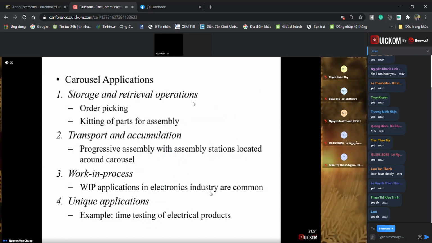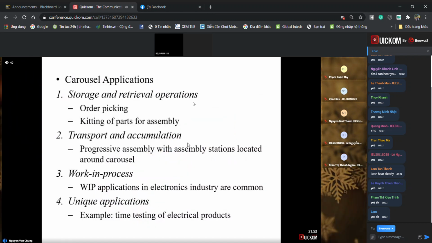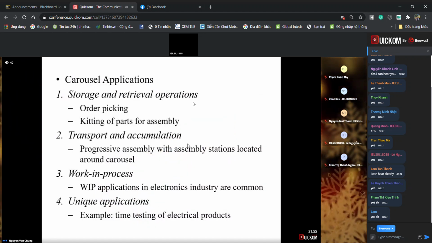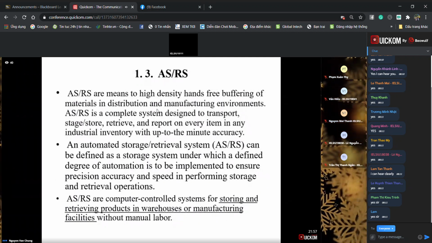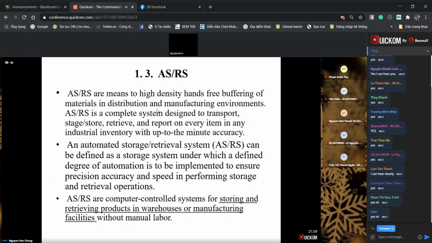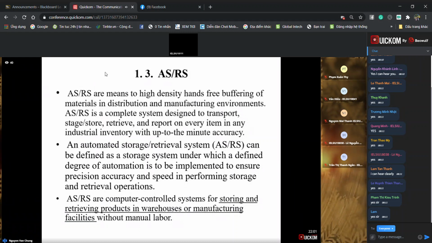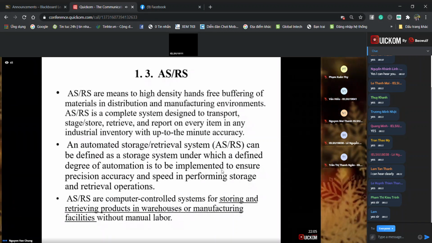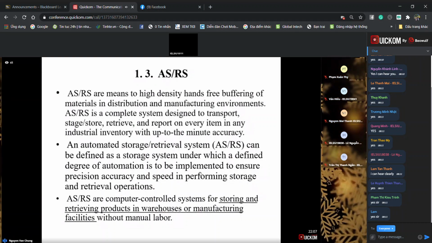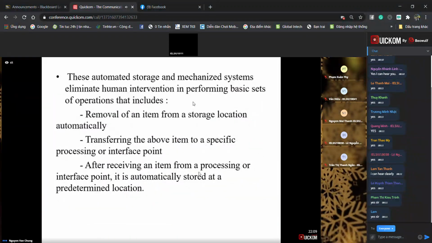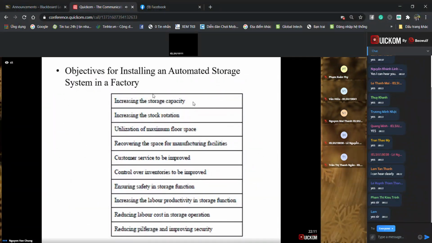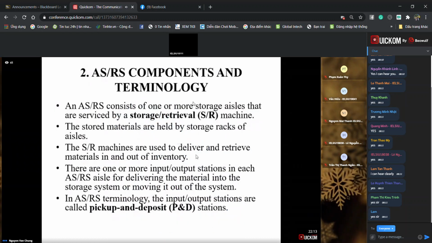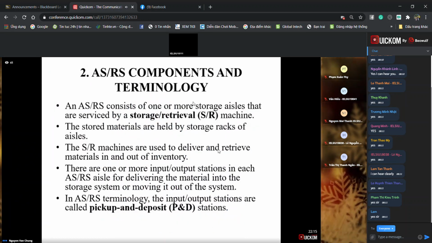Here you have the applications of the carousels. Okay, so this is talking about the ASRS. I think you consider this for the structure here, reading terminals.